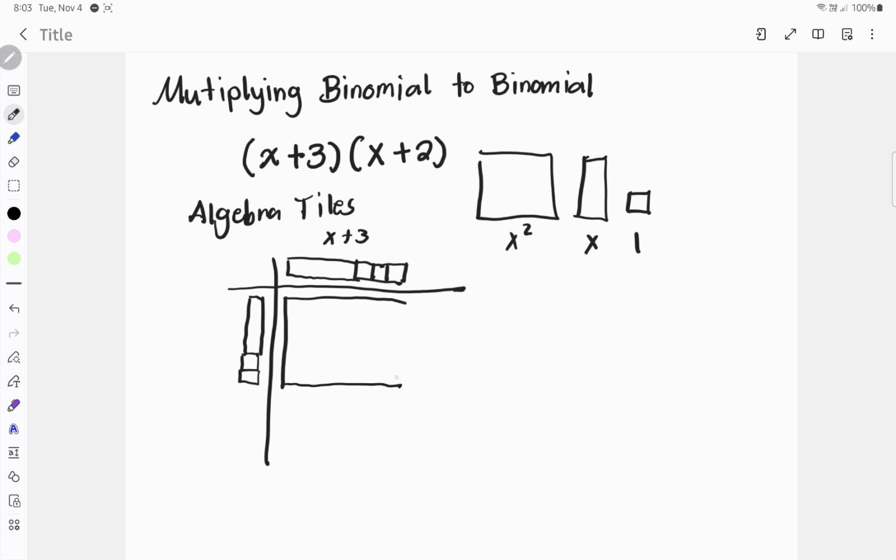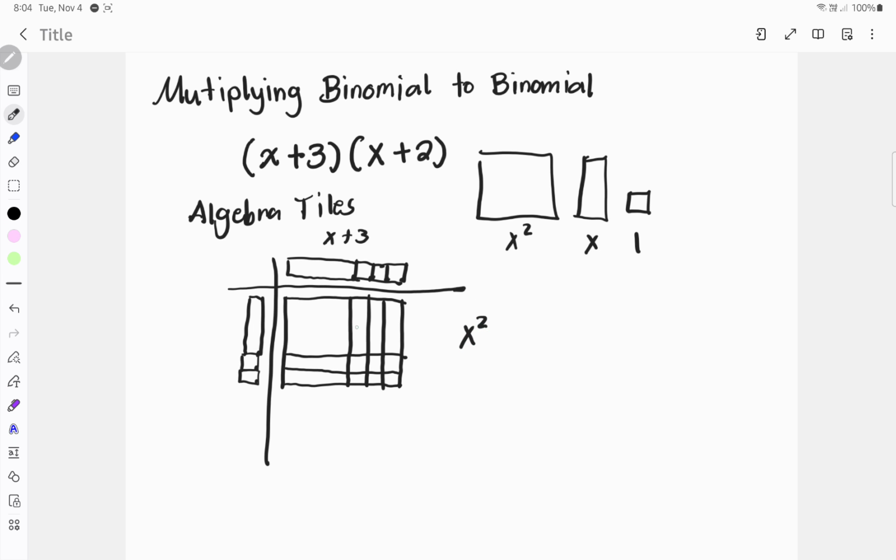So I created now an area, and on this demarcation, we can put a line, so it will now be divided. So we have 1 x squared, so we can now write x squared.